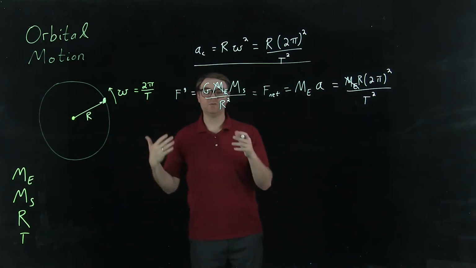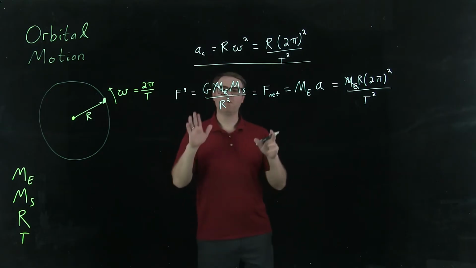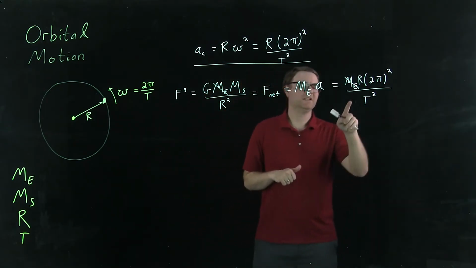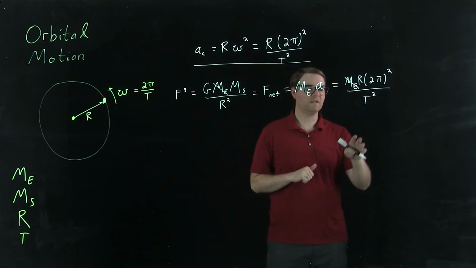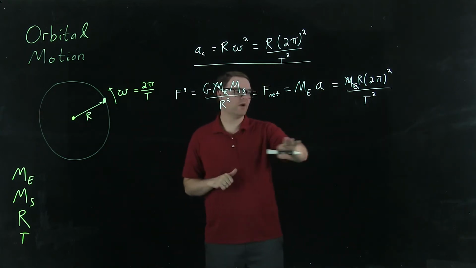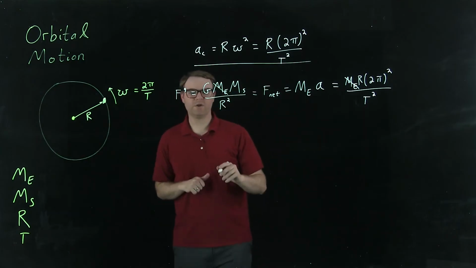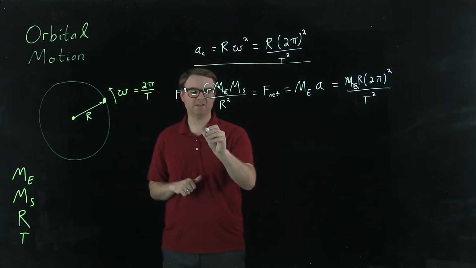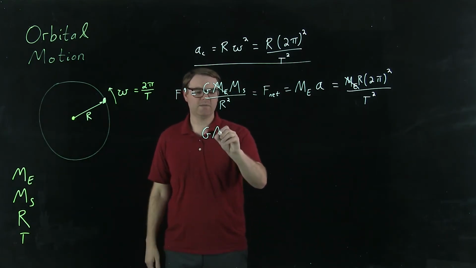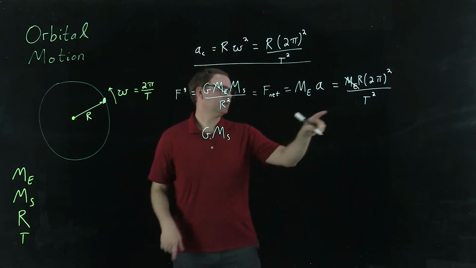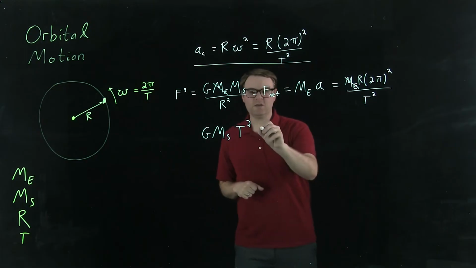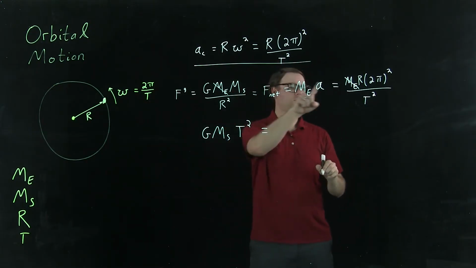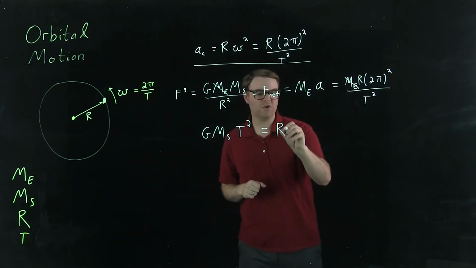In the activity, I had you solve for the mass of the sun. But what I'm going to solve for is to get all the radius on one side and all the periods on one side. So I'm going to move the T squared and the r squared off of here so I don't have any fractions. So what I'm going to get here is G times the mass of the sun times T squared is equal to, let's see, r squared times r is r cubed.